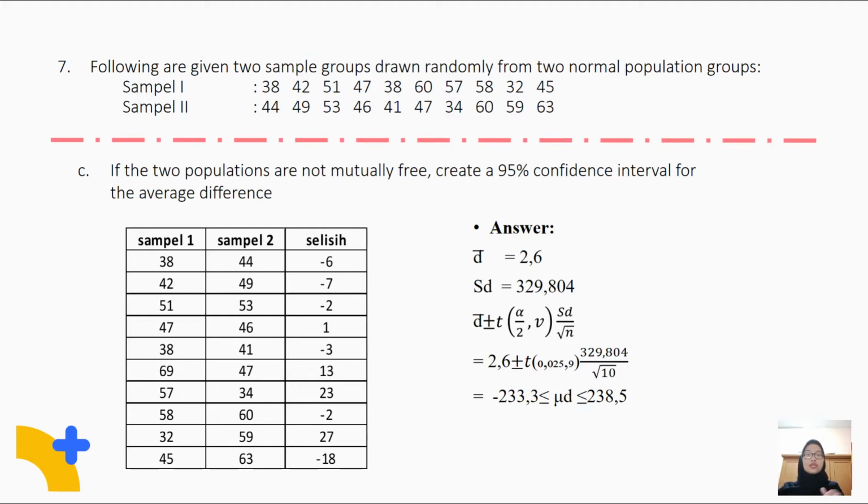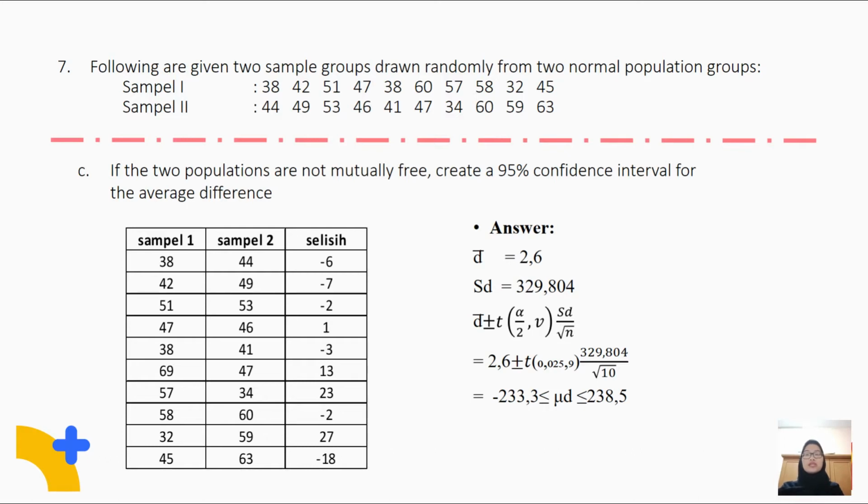So the formula is D bar plus or minus t alpha over 2 with v degrees of freedom multiplied by SD over square root of n, equals 2.6 plus or minus t 0.025, 9 multiplied by 329.804 over square root of 10.